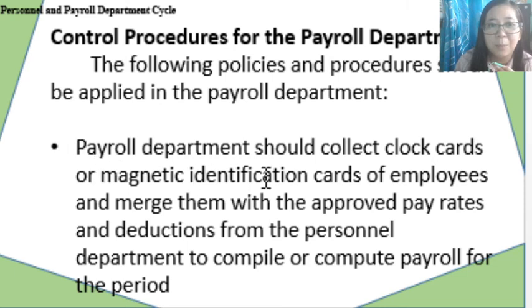So the payroll department should be the one responsible for collecting clock cards or the magnetic IDs of the employees, and they will merge them with the approved pay rates, meaning the number of hours reflected in those cards, then multiplied by the employee's pay rate to determine the gross salary, and deductions will be withheld from their gross salary.